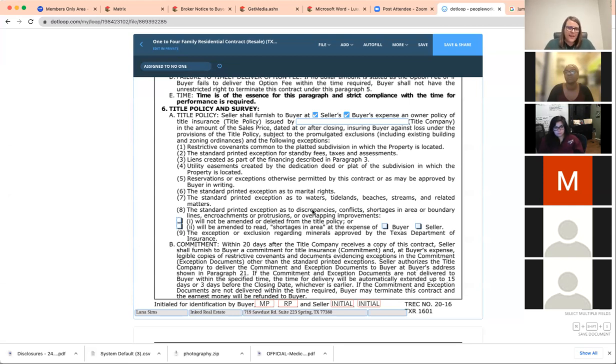So I don't know the exact math on it, but it's an added layer of protection. Typically the seller doesn't want to pay this for your clients, but again, it's a negotiation.